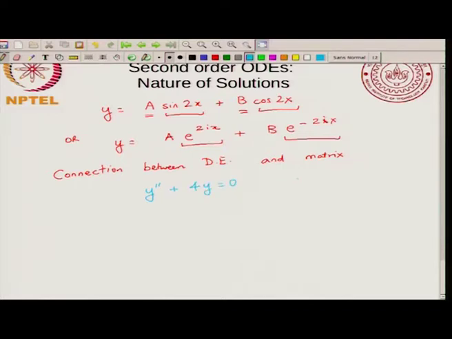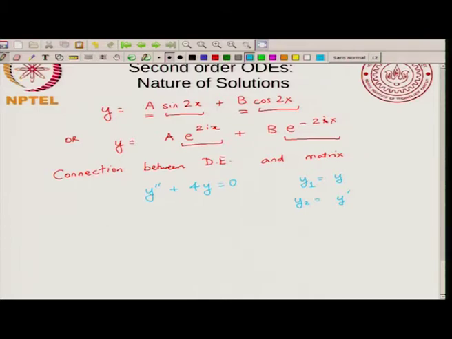Okay. So, slightly differently, I will write y1 equal to y and y2 equal to y prime. Okay. And you recall from last week that we said that this second order differential equation can be written as a set of first order differential equations with constant coefficients.